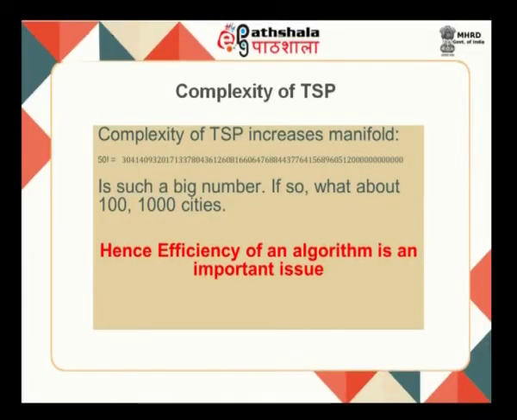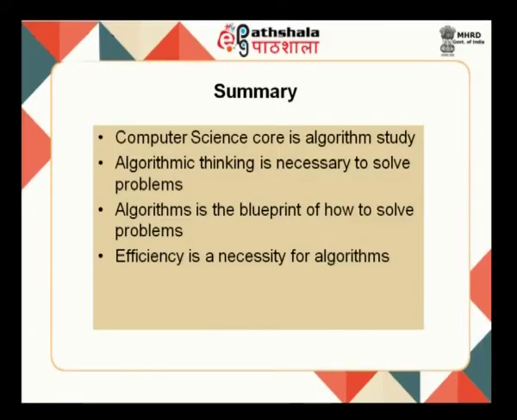In other words, the efficiency of an algorithm is a very important issue. That is the reason why we spend a lot of time writing algorithms in an efficient manner. In summary, we can say that algorithm is the core of the computer science domain.